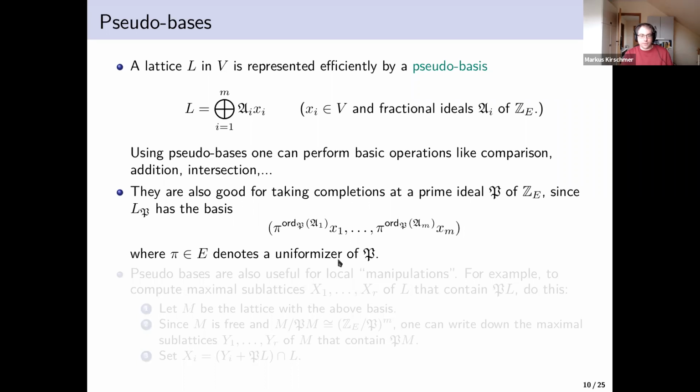This will be a basis of L localized at P. So a pseudo-basis is more or less a global way of carrying around a basis locally everywhere.